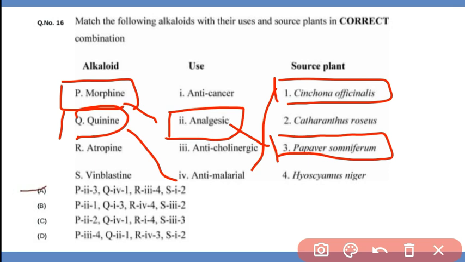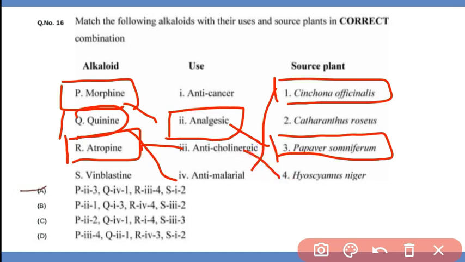It is a poisonous plant from the family Solanaceae. The alkaloid atropine is anticholinergic. Anticholinergics are drugs that block and inhibit the activity of the neurotransmitter acetylcholine. So atropine is anticholinergic, and the source plant is Hyoscyamus niger.